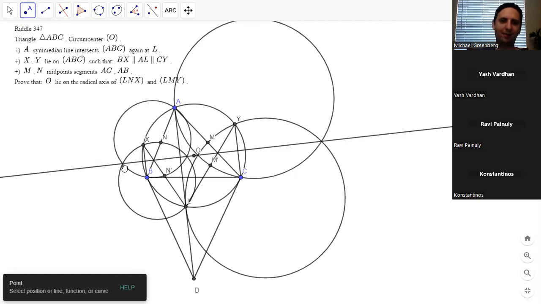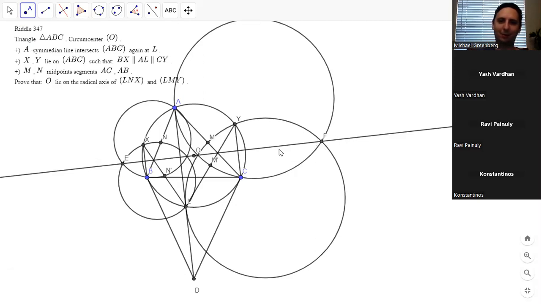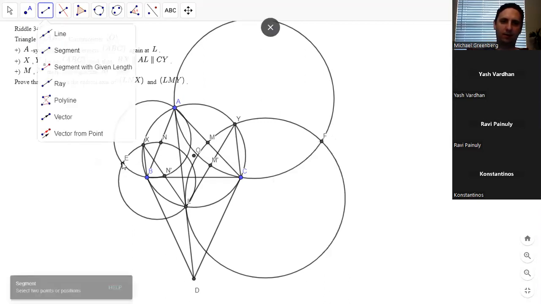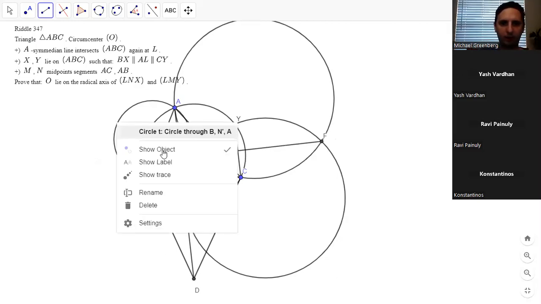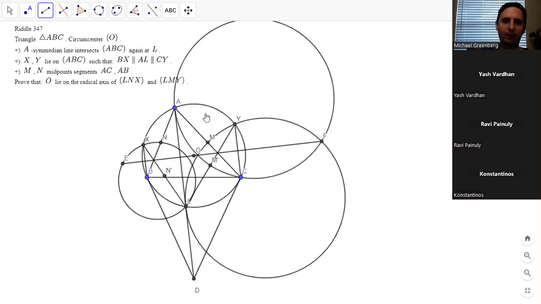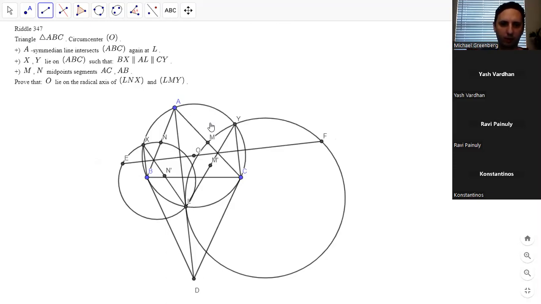Wow, this segment right here just goes through so many things. So yeah, we can hide a lot of the diagram. I just had that idea because I used it in two other problems on my channel. Oh, whoops, I wanted to hide the other circles now.